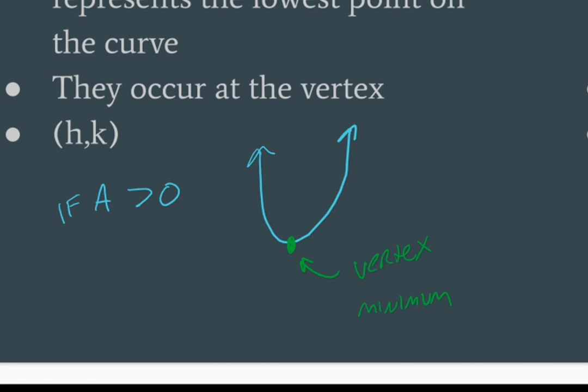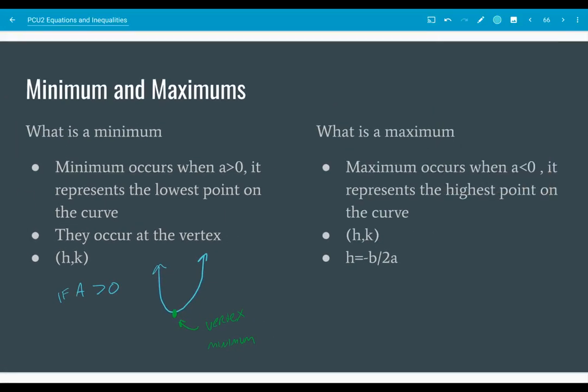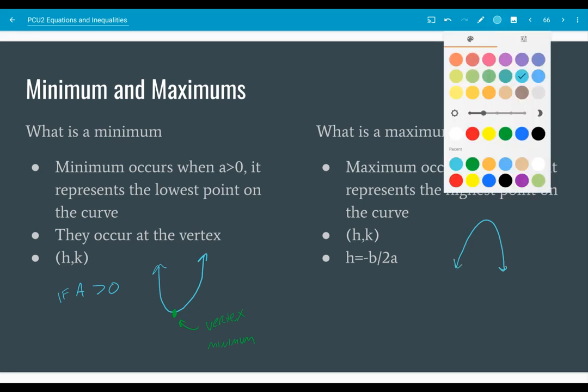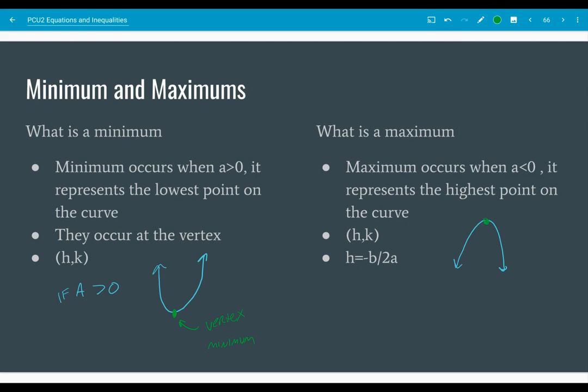A maximum, the opposite happens. So when a is less than 0, our parabola opens upside down. So the vertex occurs here, thus it is a maximum.